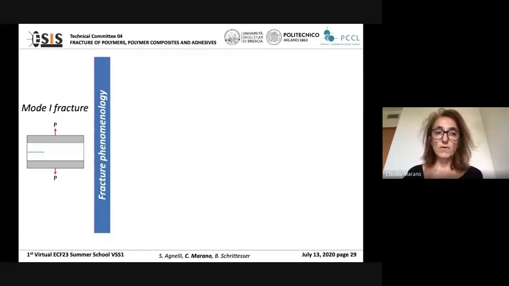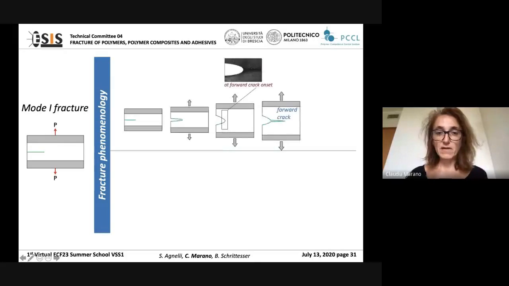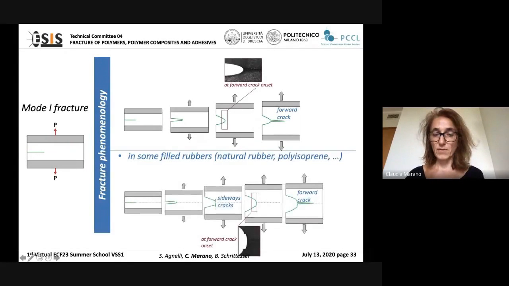When you load in mode 1 a notched specimen, what you expect is the propagation of the so-called forward crack, which propagates parallel to the initial notch plane. For rubber compounds, this occurs after the significant blunting of the tip of the notch, as Silvia has just said. But in some cases, you can observe a different phenomenology.